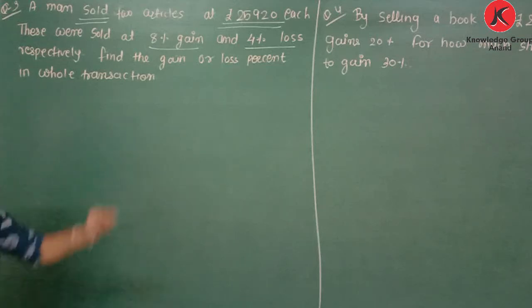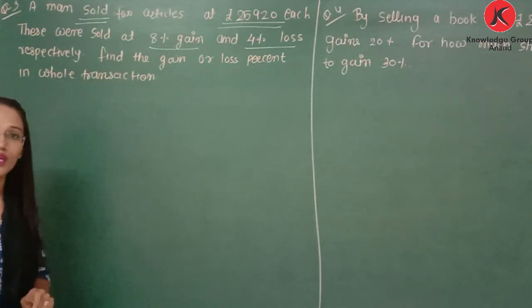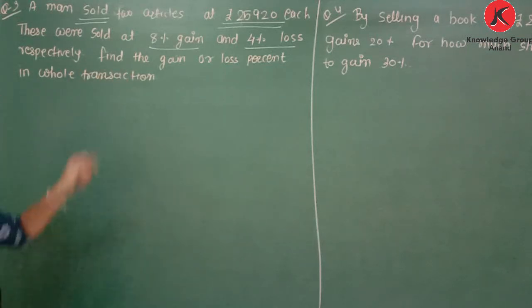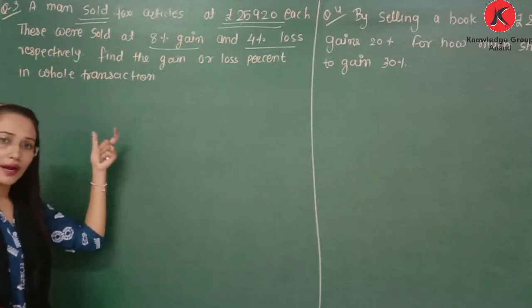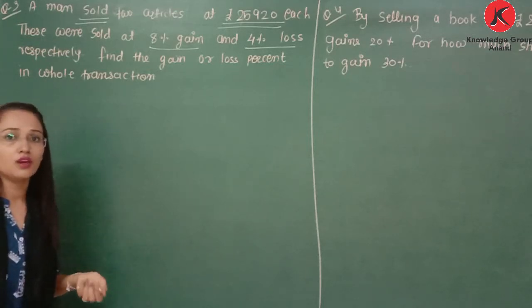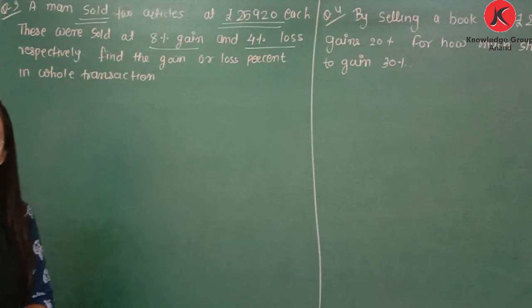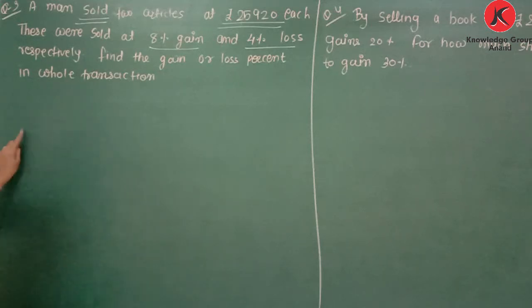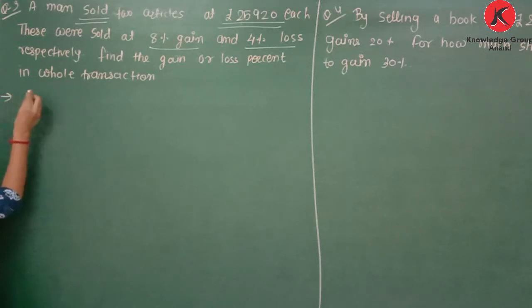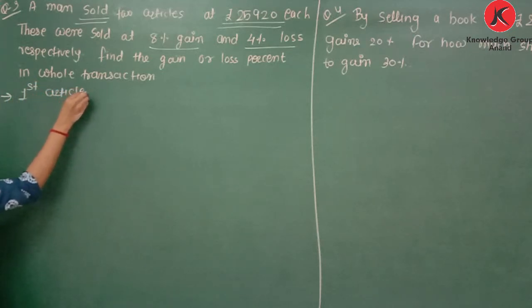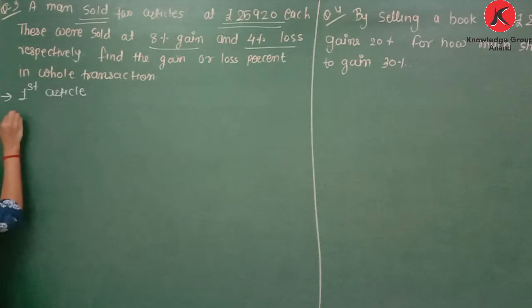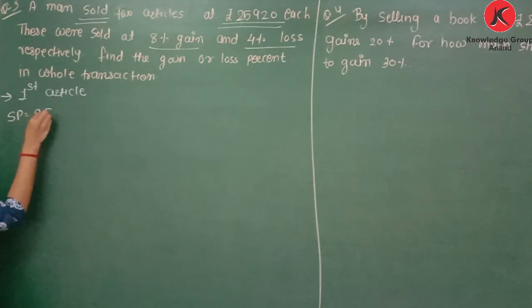So first of all, selling price is given. We need to find the cost price to know the overall gain or loss percentage. If we get the cost price of both articles, then we can understand whether it is loss or profit. So here we can start with the first article, on which we have an 8% profit. Selling price is given, 25,920.